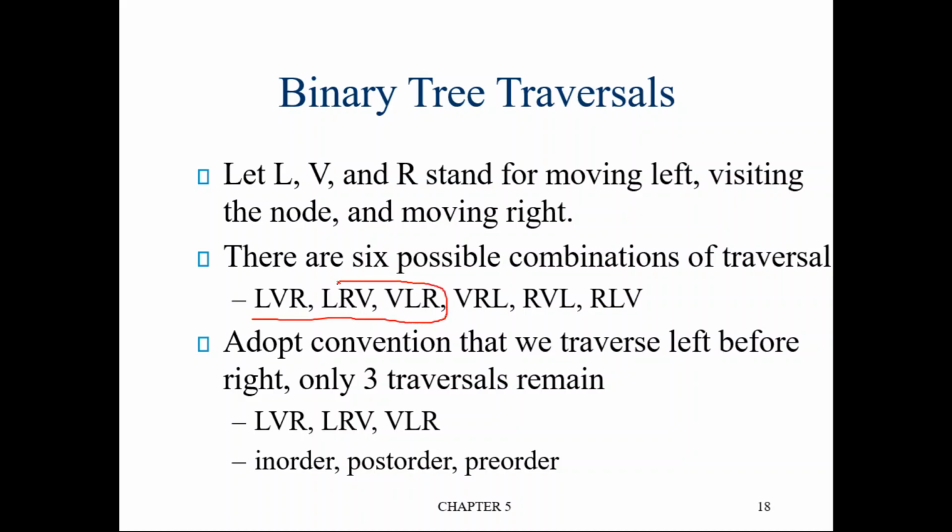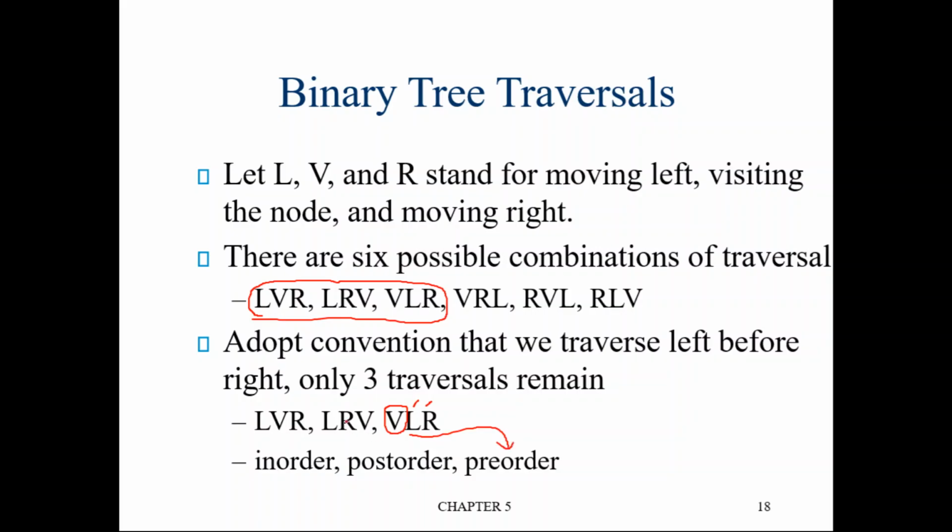These three cases are called by different terminologies: in order, post order, and pre order. If you visit the given node first, and then go to the left child, and then the right child, that is called pre order traversal.